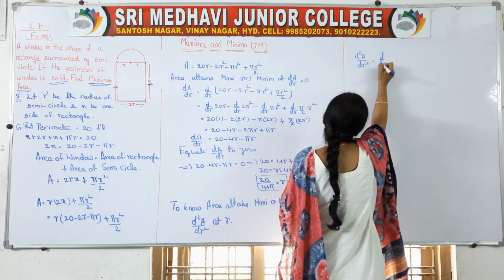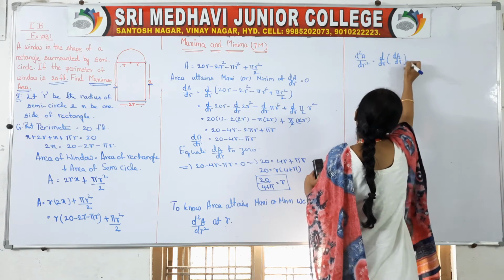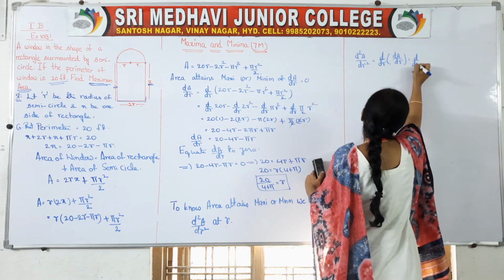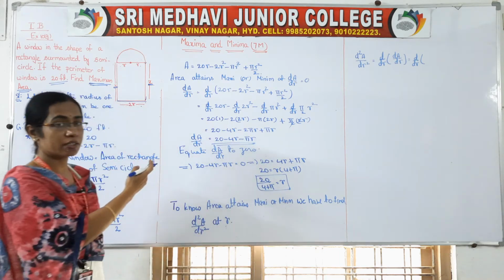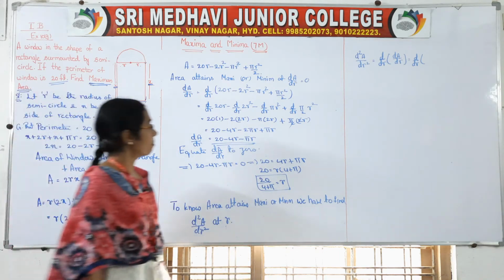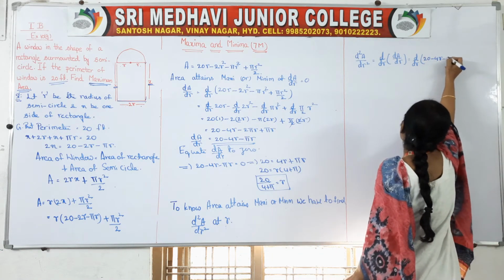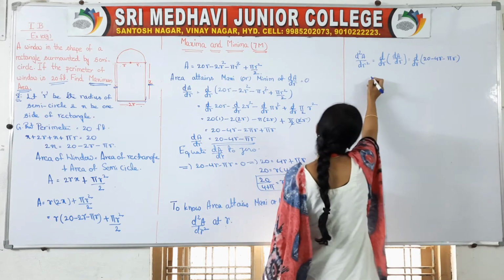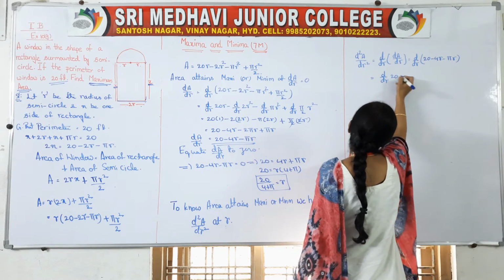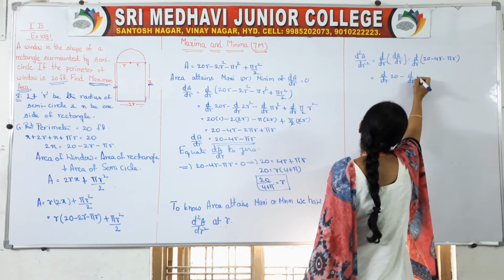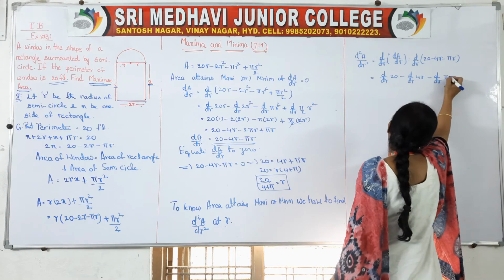So now take your d square A by dr square. It is d by dr of dA by dr. What is the value? dA by dr is 20 minus 4r minus pi r. Whenever we are having plus minus, we will take separate derivatives. 20 minus d by dr of 4r minus d by dr of pi r.